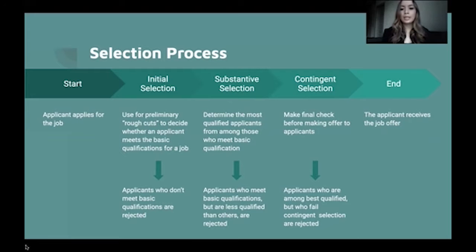For example, they can do extra testing like drug testing and medical exams to make sure they are qualified for the job. And then after that, the applicant receives the job offer. By using this whole process, it eliminates those not qualified easier and makes the hiring process more effective.